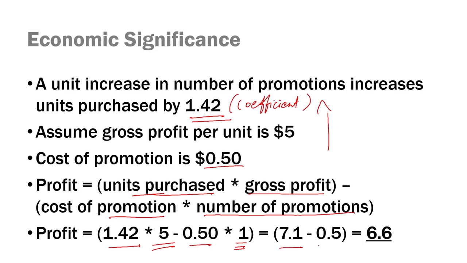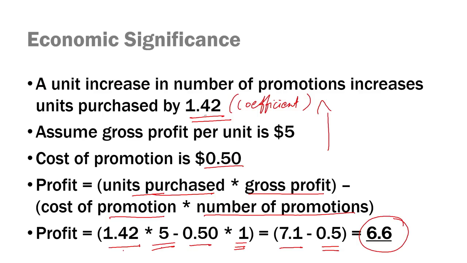So 7.1, that's 1.42 times 5 minus 50 cents times 1, that is 0.5, that gives you 6.6. So for a single promotion, you make a profit of 6.6. This means that promotions have economic significance. The cost of the promotion is less than the benefit from the promotion.